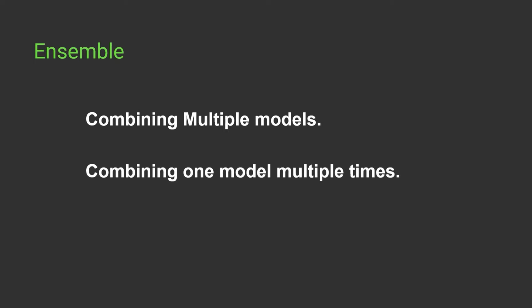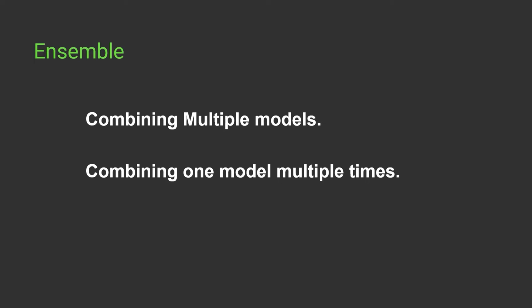So what does ensemble mean? Ensemble means either we combine multiple models, or we combine one model multiple times. Suppose we have used linear regression, support vector, decision tree, polynomial, but we have used all these models individually.